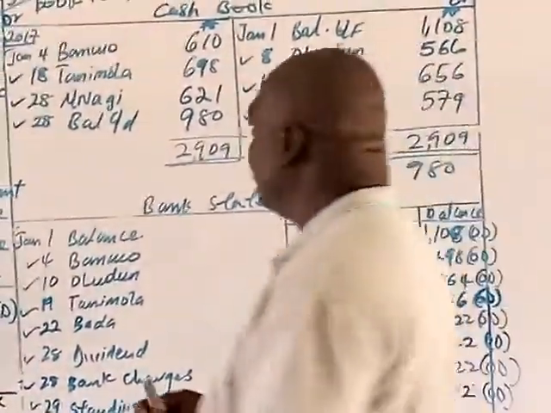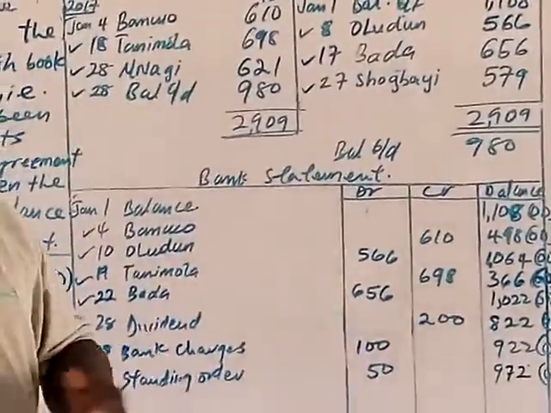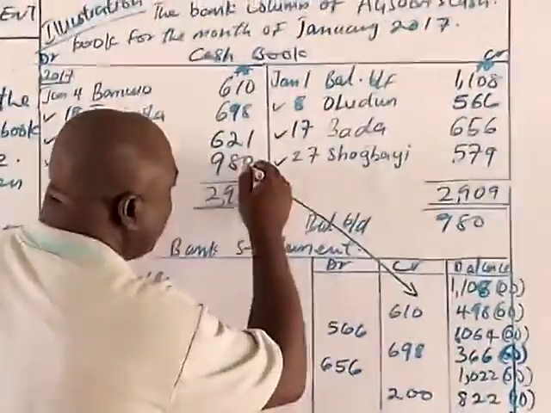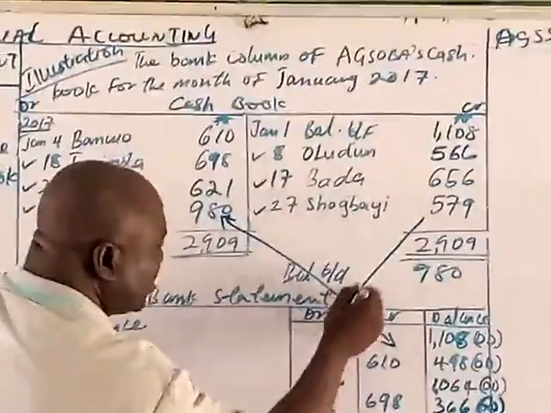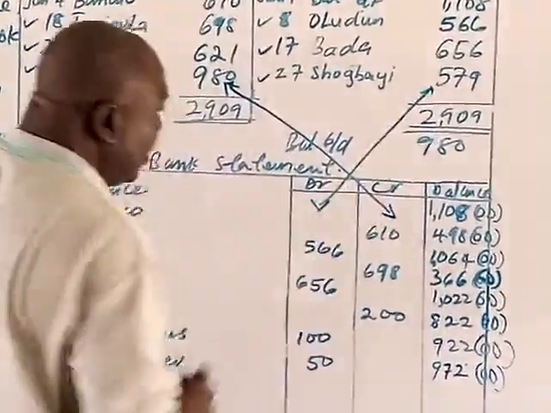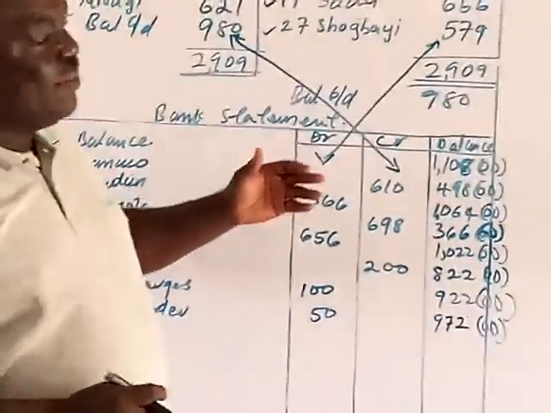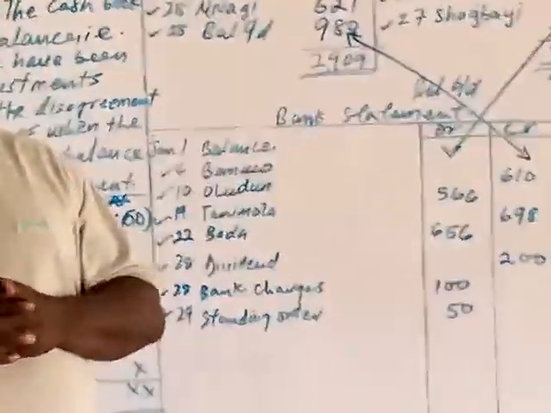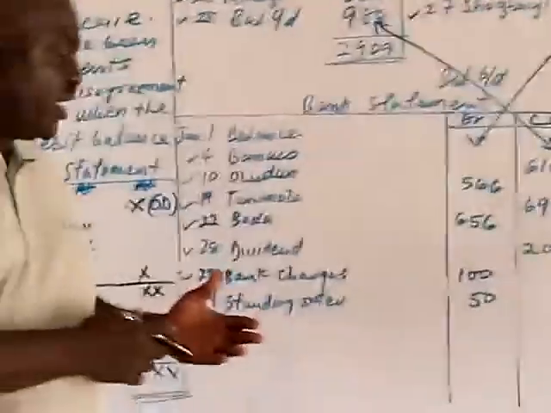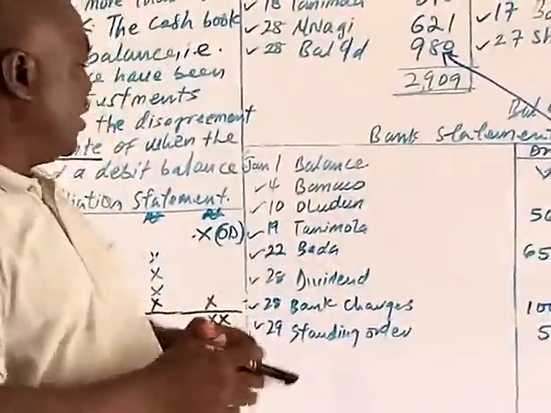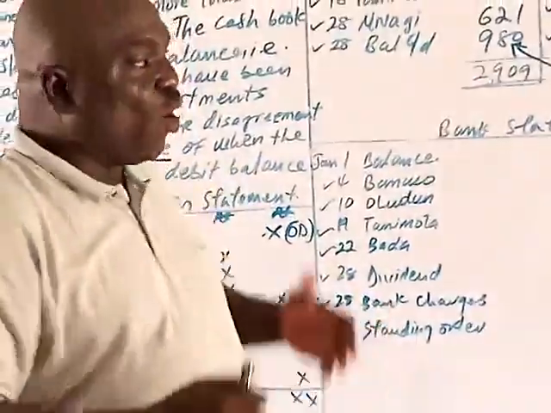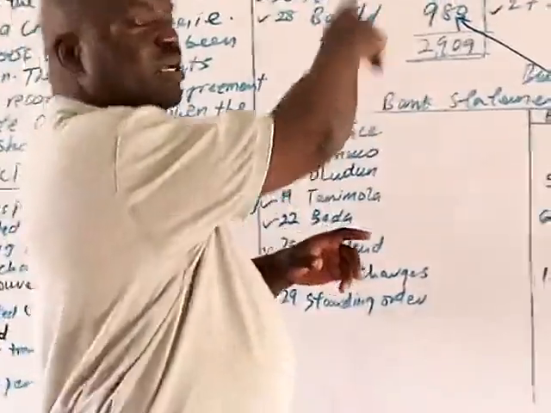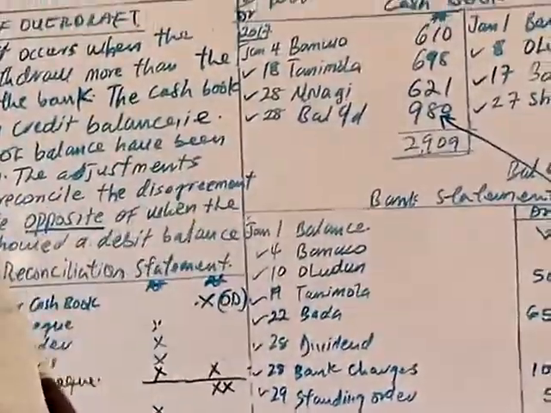Like I said the other time, the first thing we need to do is to compare the two sides, looking at the arrow. Compare the two sides, looking at the arrow. That is, when you want to identify your uncredited check and your unpresented check. Last week we were able to talk about the uncredited check, the unpresented check, the standing order, the dividend, the bank charges, the errors that occur that bring about disagreement between the bank statement and the cash book.